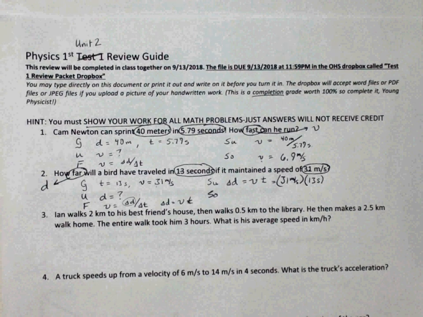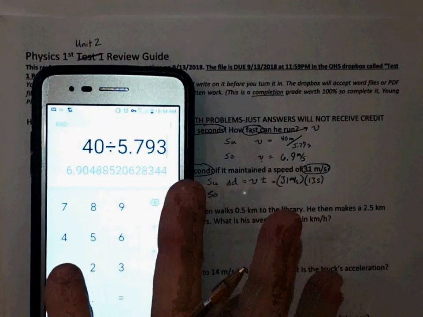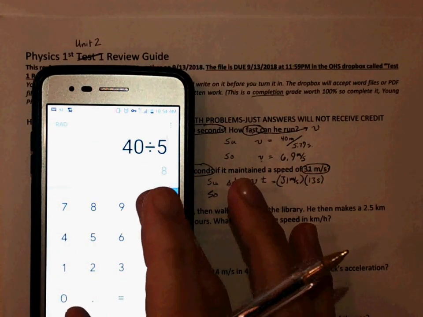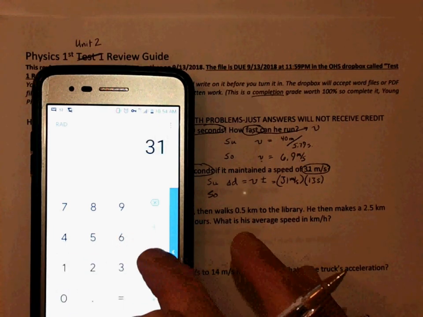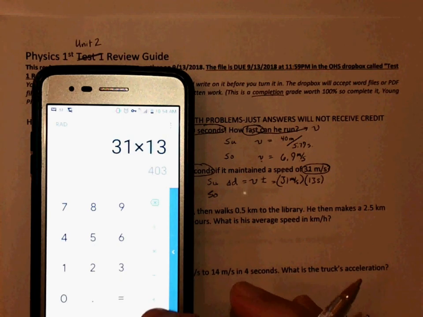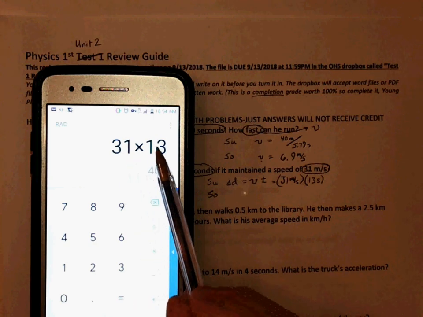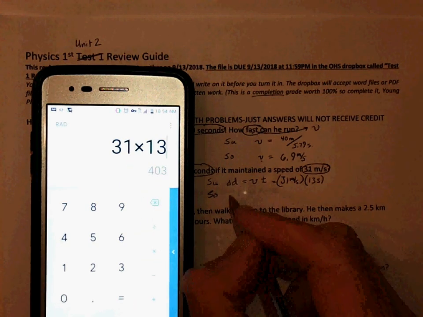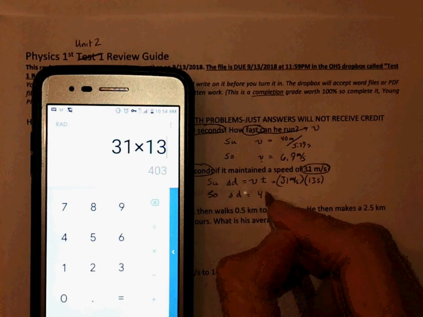I solve. 31 times 13 equals 403. Now by rights, there's two numbers. I should only report two numbers, so it should be about 400. But we'll just leave it at 403. But you might see 400 on a test.